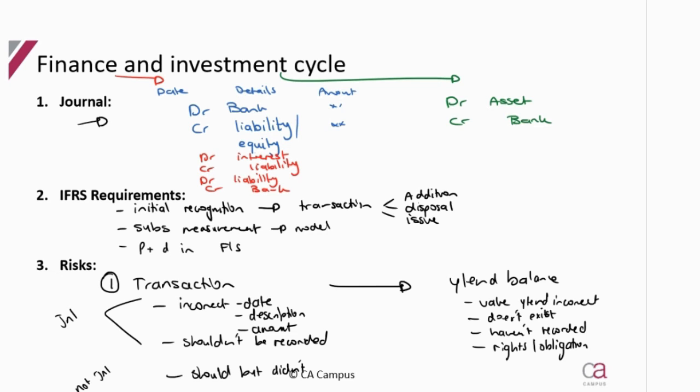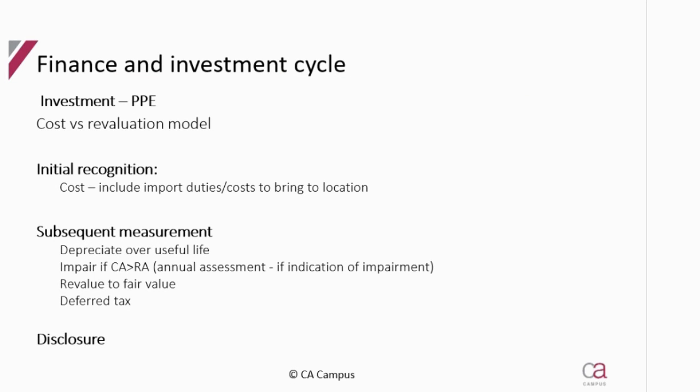So guys, like I said, I wanted to make it a little bit more applicable, so I've done one item here and I've said, okay, let's do investment cycle, let's look at PPE. So in terms of your IFRS requirements, you've got to choose cost versus revaluation model. However, it is irrelevant when you're doing your initial recording. So this is the initial addition to your PPE.